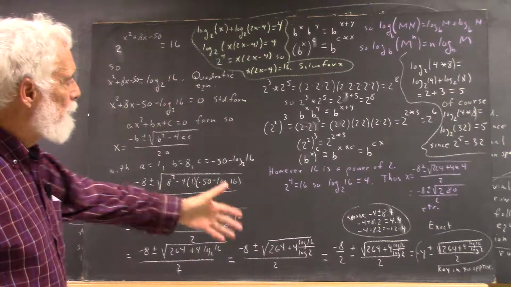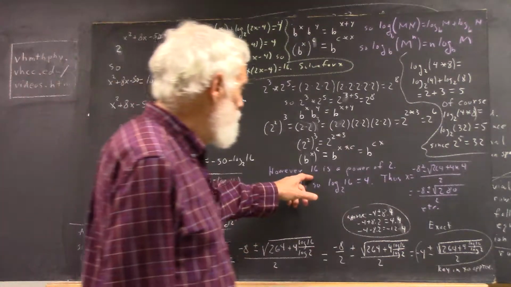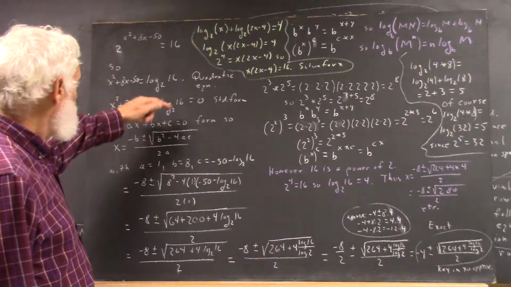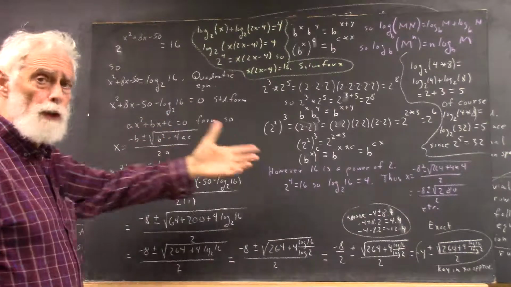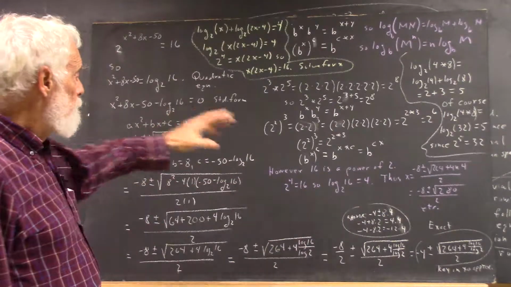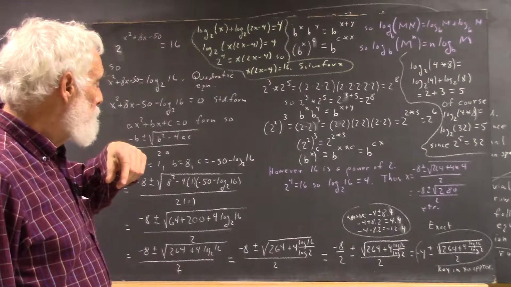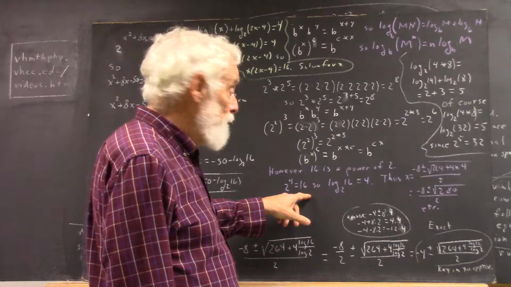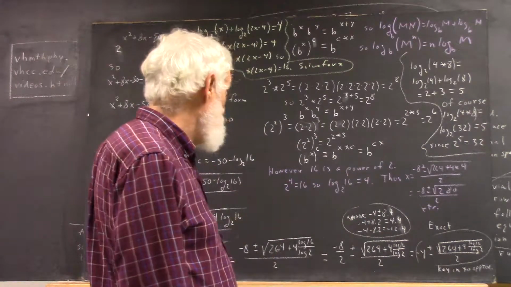Now there's one more thing we can say about this, and that is that 16 turns out to be a power of 2. When this number is a power of this base, like a whole number power, then the log is going to be a whole number, since 2 to the 4th equals 16, it just follows that log base 2 of 16 equals 4, and vice versa.